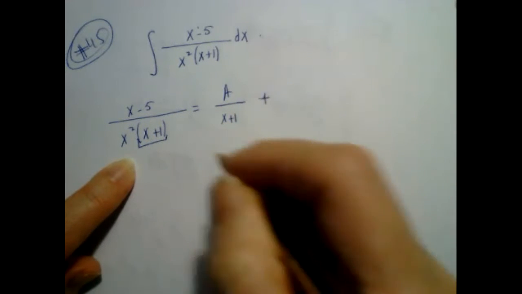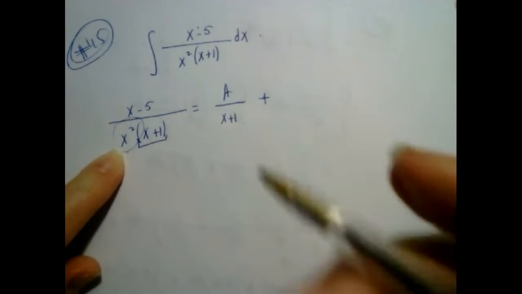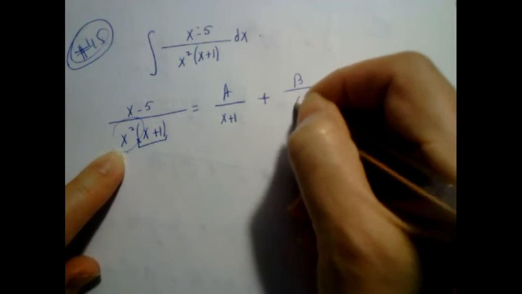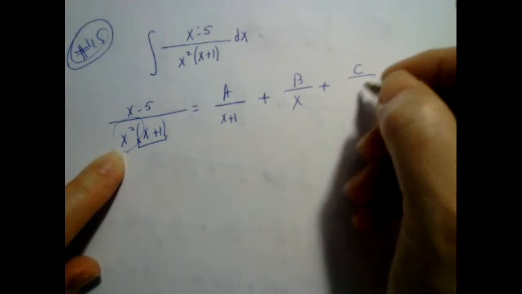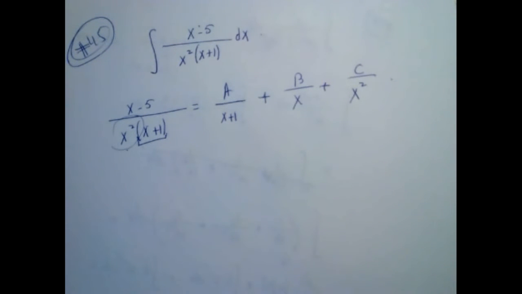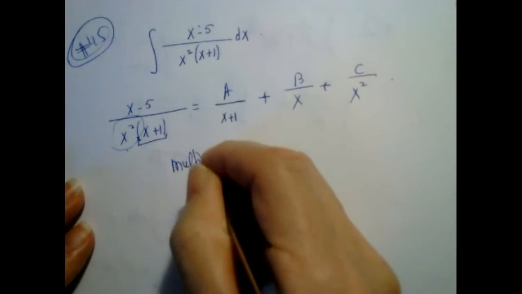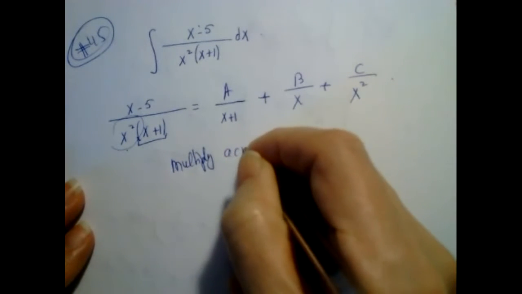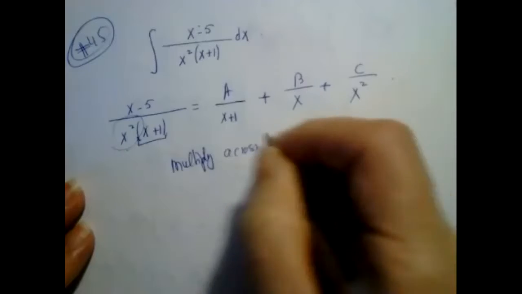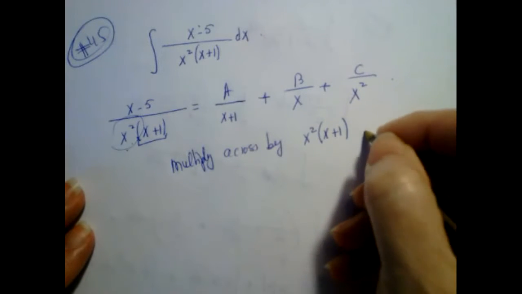I said the order in which you put things doesn't matter. This is repeating. It's x and x squared. So this is going to be B over x plus C over x squared. And now I multiply across by the least common denominator, which is this term right there. Okay.